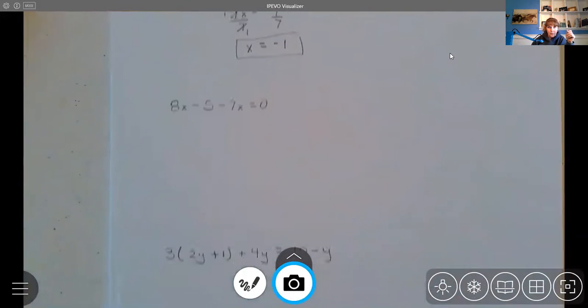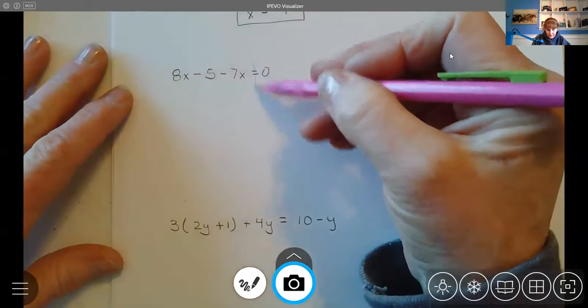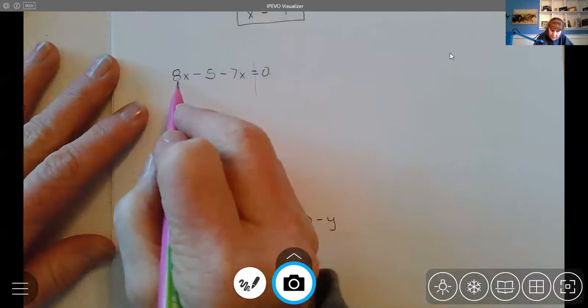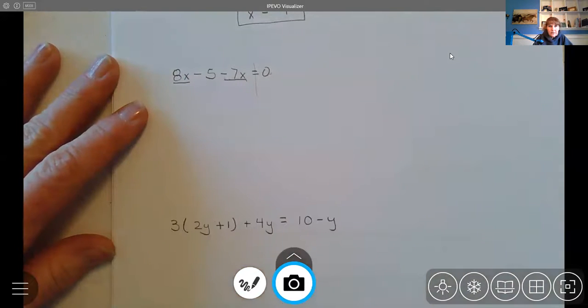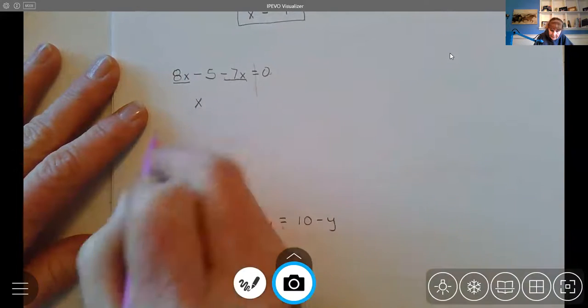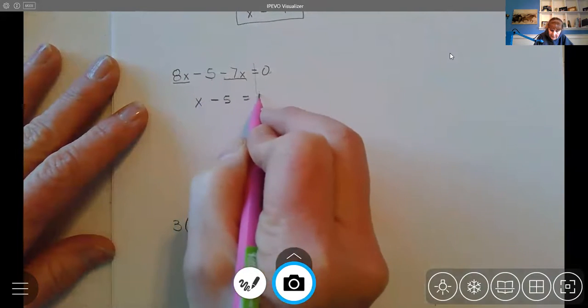Let's try the next one. Again, we simplify by combining like terms before we start to move things to get that x by itself. It's nice there's nothing to do on the right-hand side of the equal sign. There's just 0. So what we'll do is we're going to take the 8x and subtract the 7x. Those are like terms, which gives us a 1x. The subtract 5 is by itself equals 0.